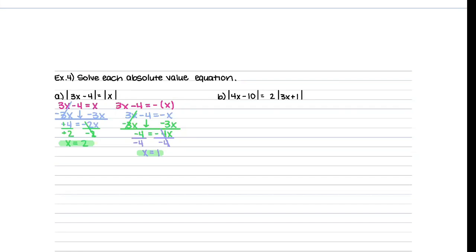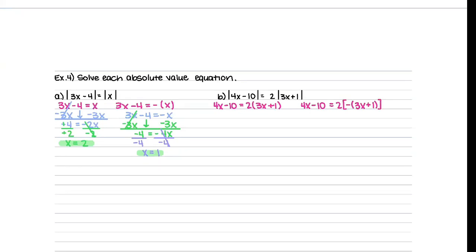Okay, so this is going to turn into one equation that's 4x minus 10 is equal to 2 times (3x plus 1), and then another equation that's 4x minus 10 is equal to 2 times a negative (3x plus 1).